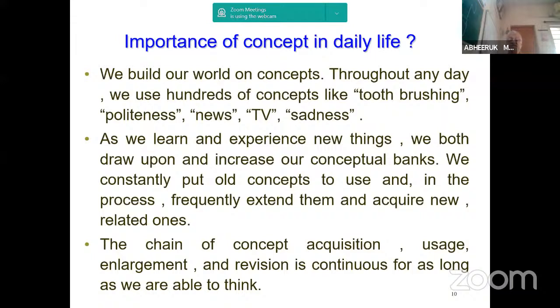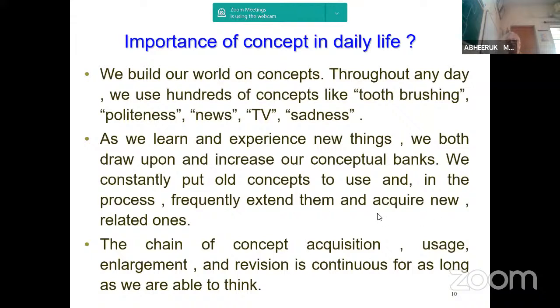You learn these concepts and you use them with your friends and teach other people. Whenever you learn any new concept, you use it. That way you go on increasing your stock of concepts, extending and acquiring new things.